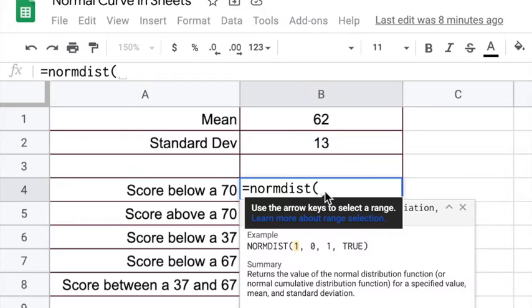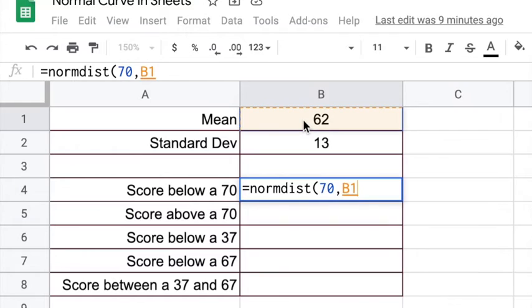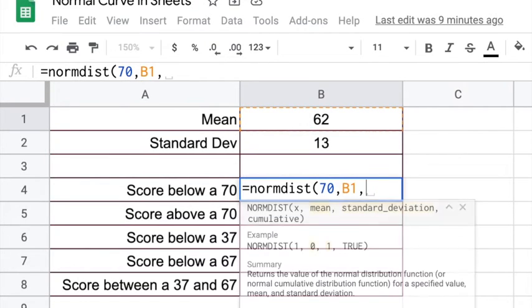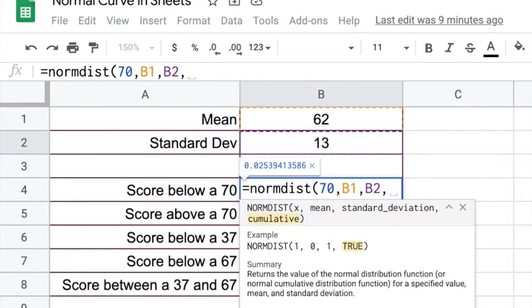So for this one that says score below a 70, I'm going to type in 70, comma, then I need the mean. Now generally the mean is going to be calculated on a spreadsheet. Here I just typed it in, it's the exact same one as that math test. So there's the mean, and then comma. The next thing up is standard deviation, so hit that in there, and comma, and then the 1 to say to the left.